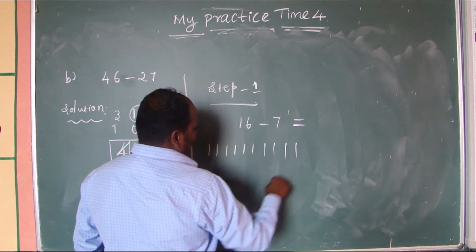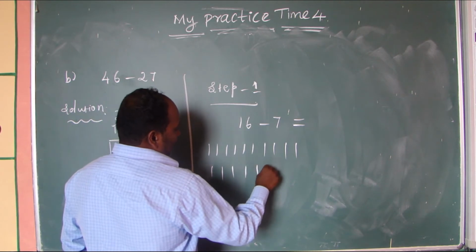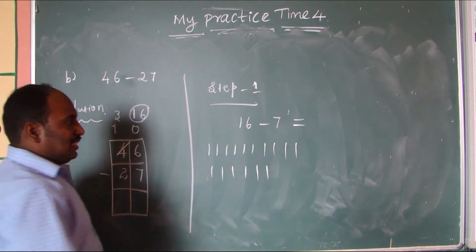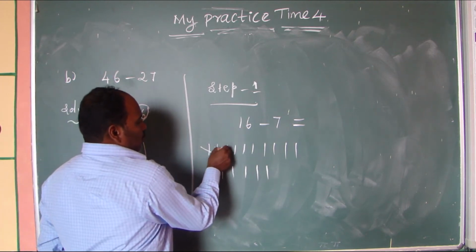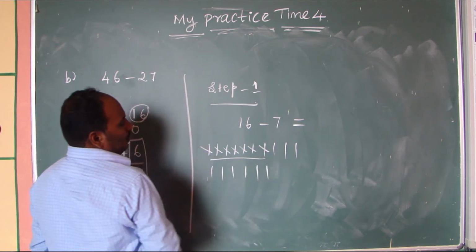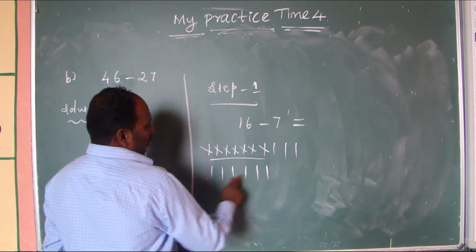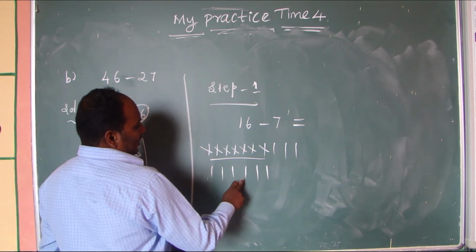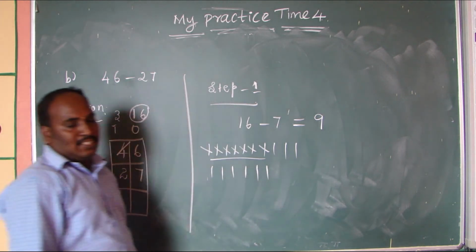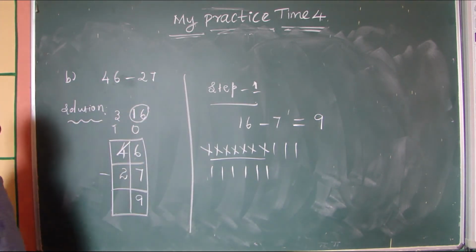The balance is 9. So 16 minus 7 is equal to 9. The number 9 is written in the ones place.